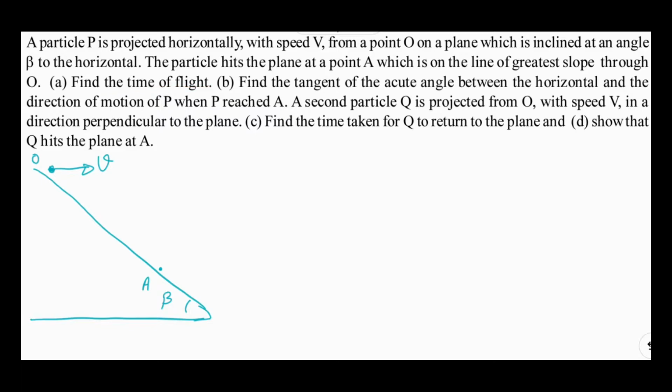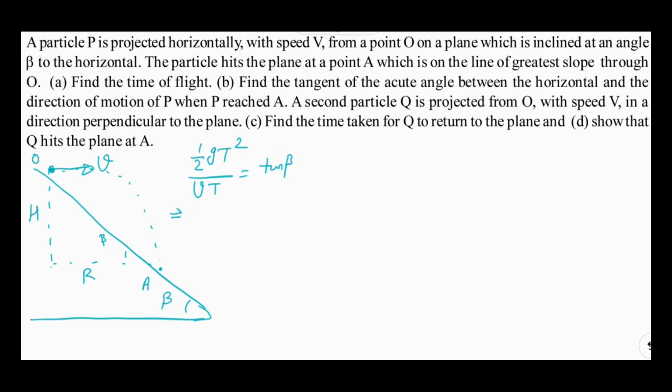In order to find the time of flight, see that when the particle is landing at the point A, the horizontal range of the particle and the height covered by the particle should be in this triangle which is having an angle beta. The height h of the particle can be written as half g t square, where the motion is for t time, and the horizontal range is nothing but v into t, and the ratio of these two should be tan beta.